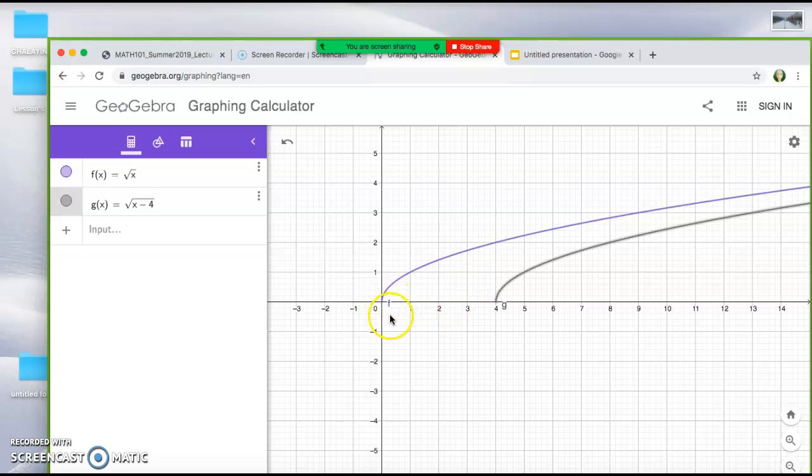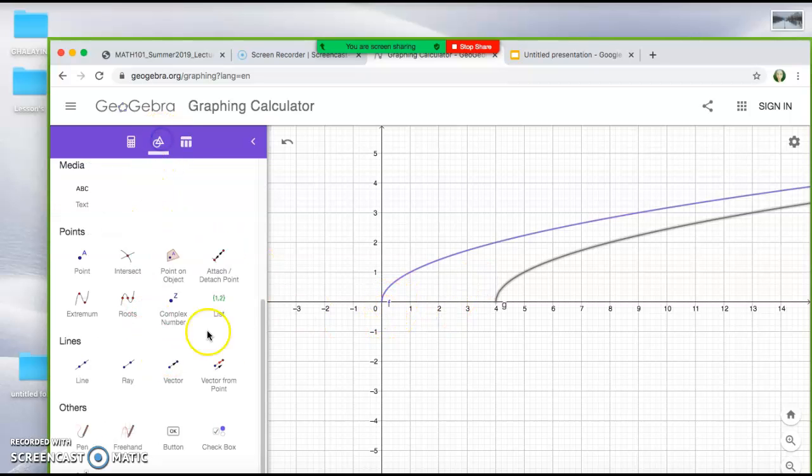And let's see the difference. As you can see, we moved to the right 4 units.